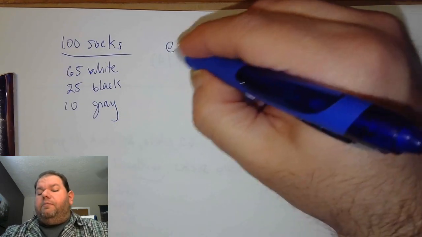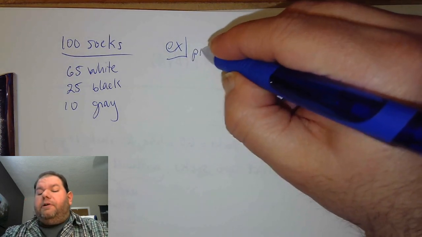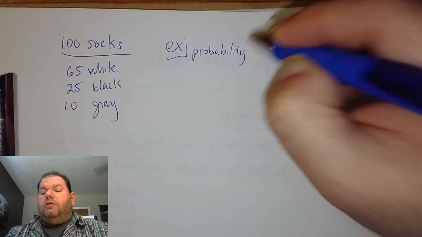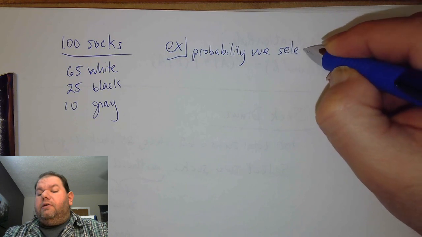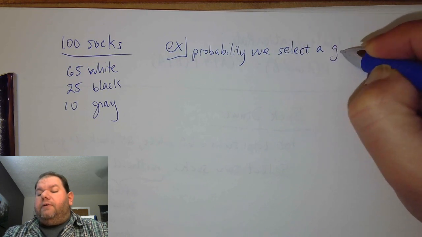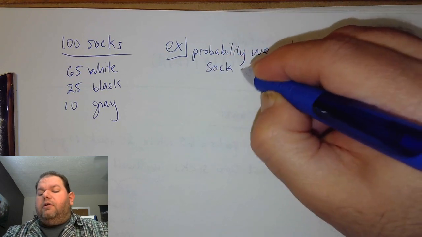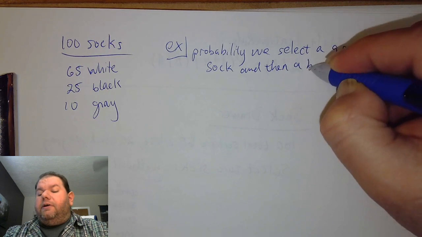Alright. So next example, what's the probability we select a gray sock and then a black sock?